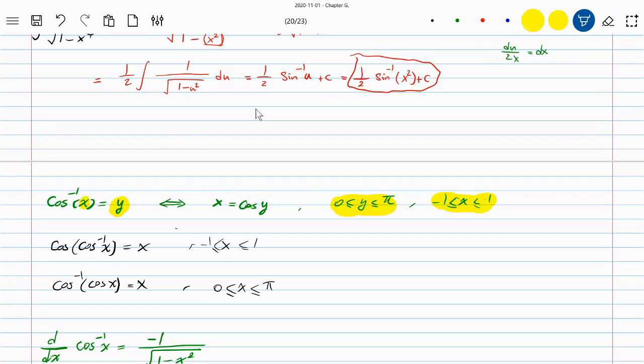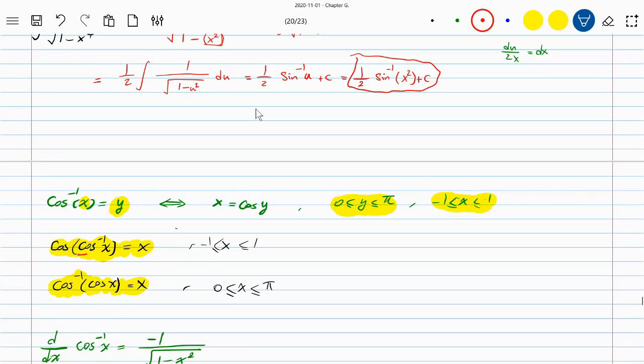And the composition of cosine with its inverse, this is something that I mentioned for the sine, but I didn't write it. Sine composed with sine inverse, or cosine composed with cosine inverse, same, it will simplify to x. And the same, cosine inverse composed with cosine would be x. The only thing that you should notice is that the domains need to be satisfied.